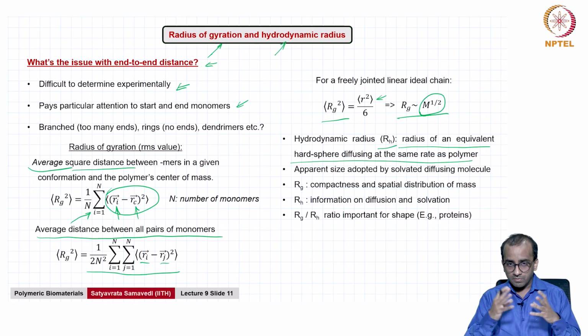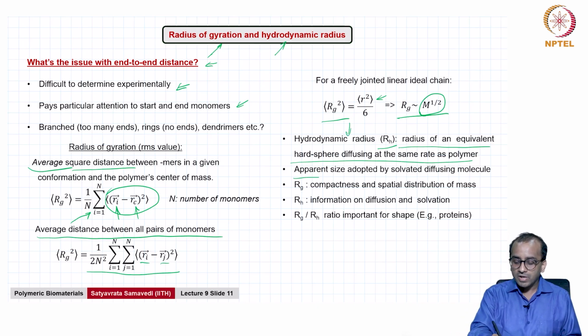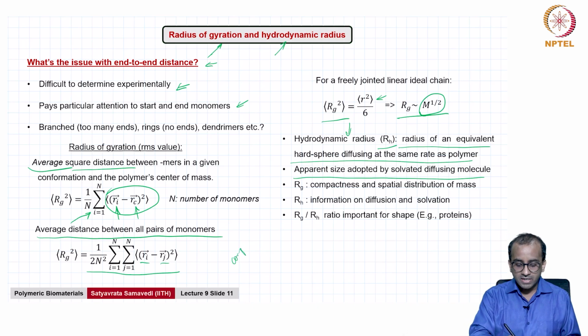Now, if you consider the polymer in 3D and if you can approximate it as a hard sphere and if you can describe that with a specific radius in the solvated state, then that radius for that hard sphere in the solvated state diffusing at the same rate as the polymer would be the hydrodynamic radius. So, it gives you information about the apparent size adopted by the solvated and diffusing molecule. And it turns out that Rg and Rh give you what you would call complementary information.